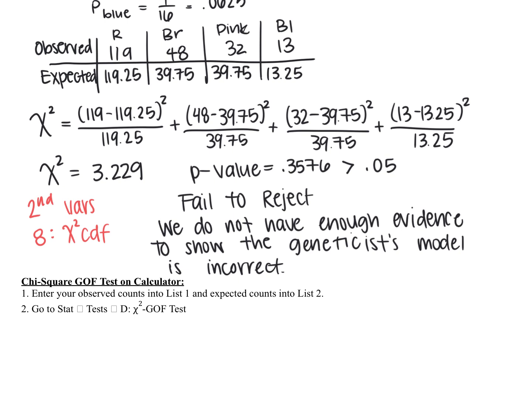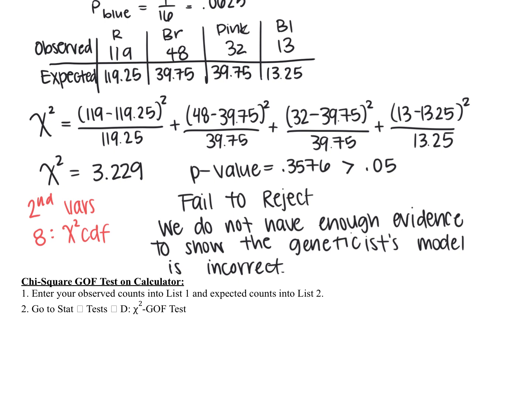Then you're going to go to stat and then tests, and then you want letter D, which is your chi-square goodness of fit test. So your observed list should automatically be list 1, your expected list 2, and then you'll input your degrees of freedom, which in this case is 3, and then you would hit calculate.